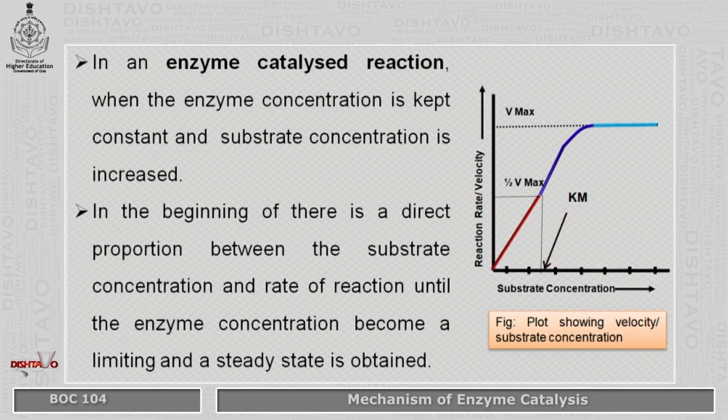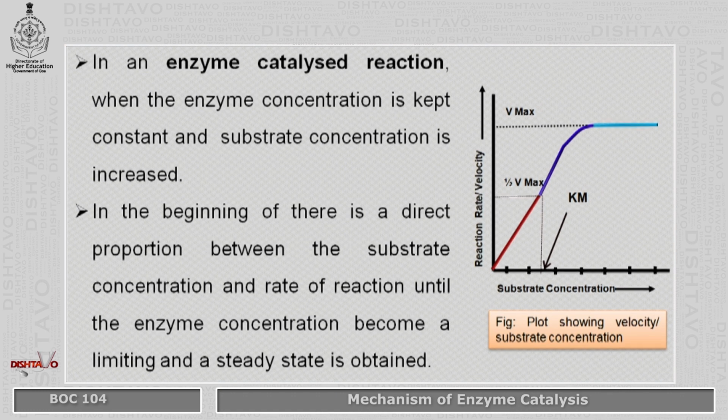In an enzyme catalyzed reaction, when the enzyme concentration is kept constant and the substrate concentration is increased, and this is plotted as substrate concentration on the x-axis and the rate of reaction on the y-axis, you will find the formation of a hyperbolic curve.